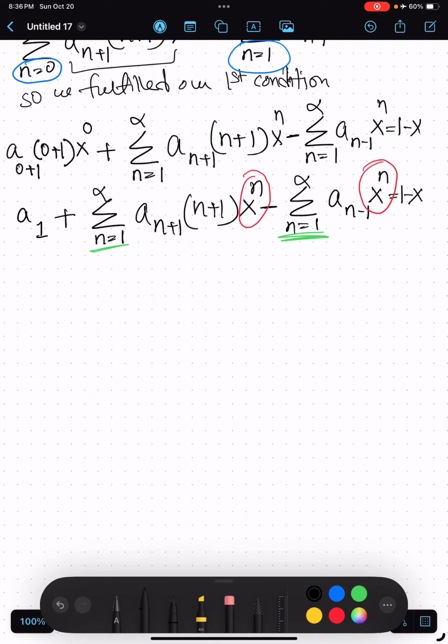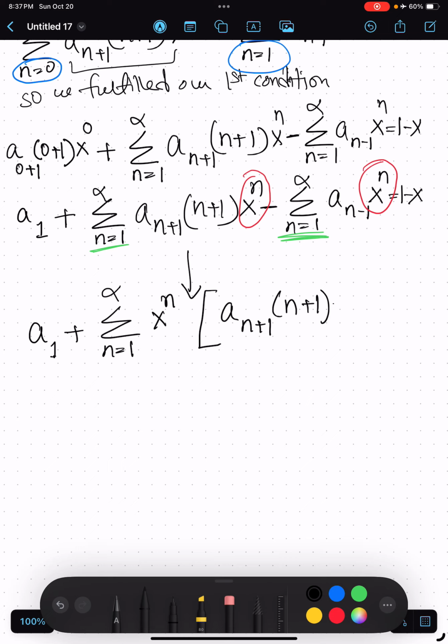So let's go ahead and do that. So I have my a sub 1 plus summation n is equal to 1 to infinity x to the power n, taking that in common and writing the rest of the terms. Equals 1 minus x.